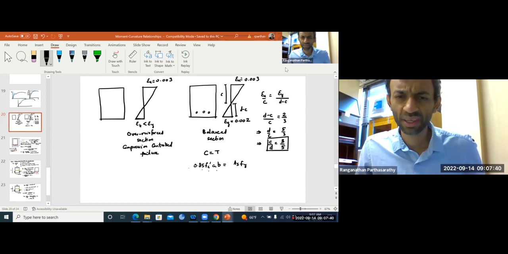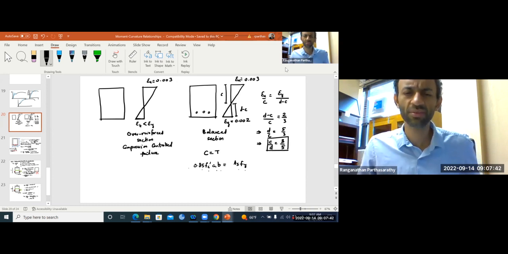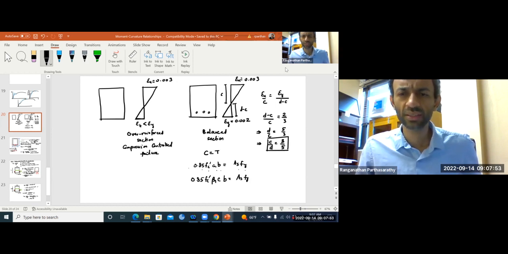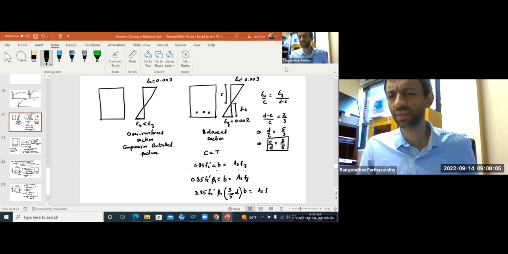0.85 fc prime a b equals As times fy. So now fc prime a is beta 1 c, times b equals As fy. So c is 3/5 of d, 3/5 of d times b. This is As fy.